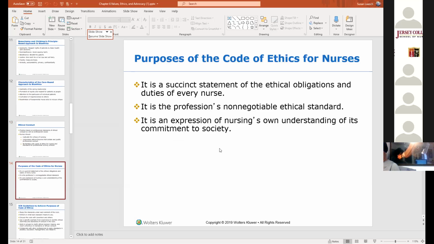It also makes us understand that these ethics are not negotiable, that they have to occur within us in order for us to meet what we should be as a nurse. It's also an expression of our understanding of what we commit to in society. And you even take an oath to this when you graduate from nursing school and you take that Florence Nightingale oath.